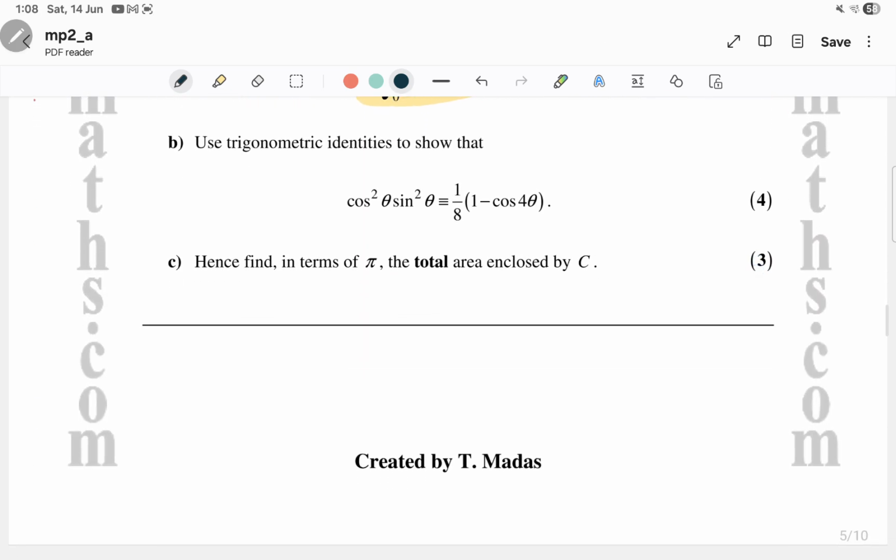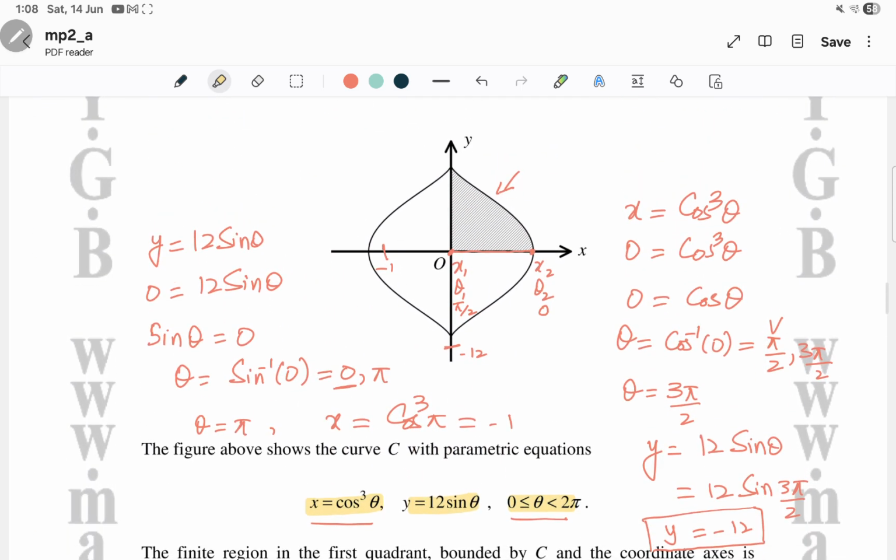So now we have the part C, which is: hence find, in terms of pi, the total area enclosed by the curve C. So you can see in the figure the total area enclosed by the curve C is like 4 parts of the shaded region. We already worked out the integral equation for this shaded part, and we have 4 parts of this kind, and this shape is symmetric.